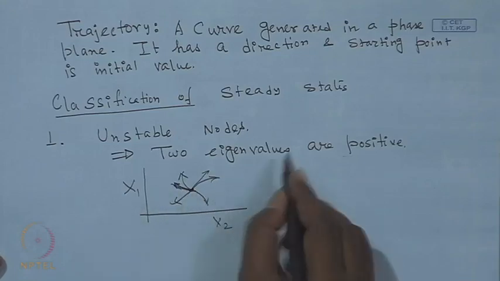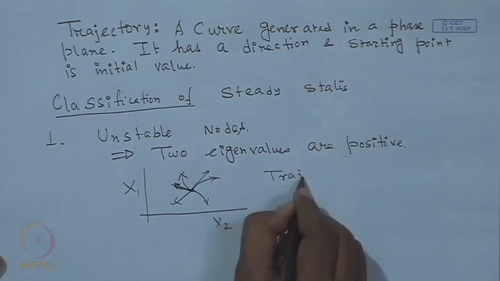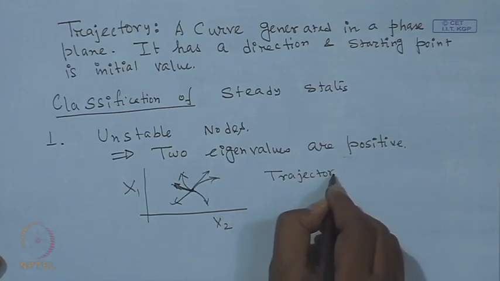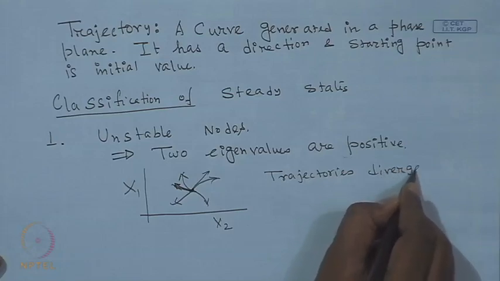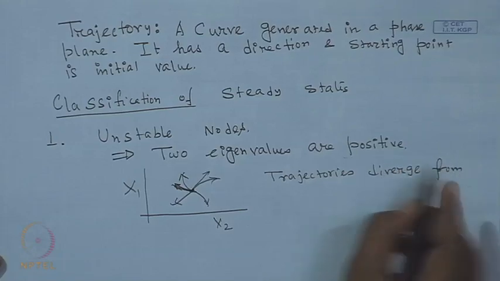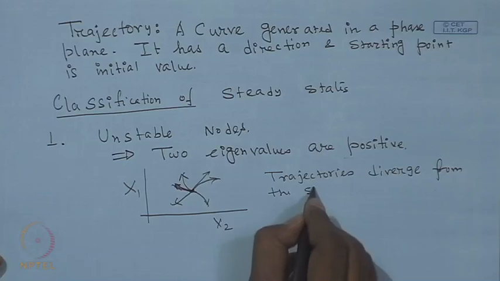So, the trajectories diverge from the steady state monotonically.